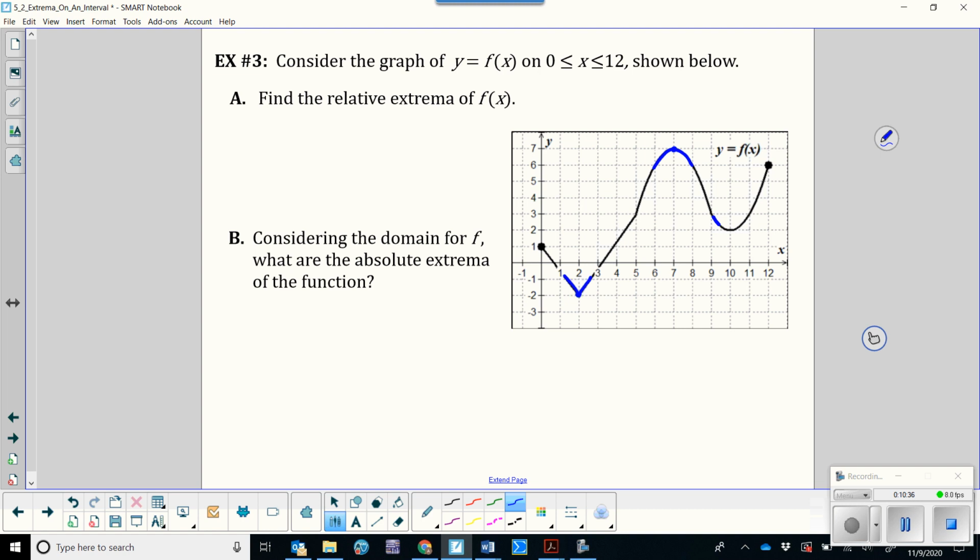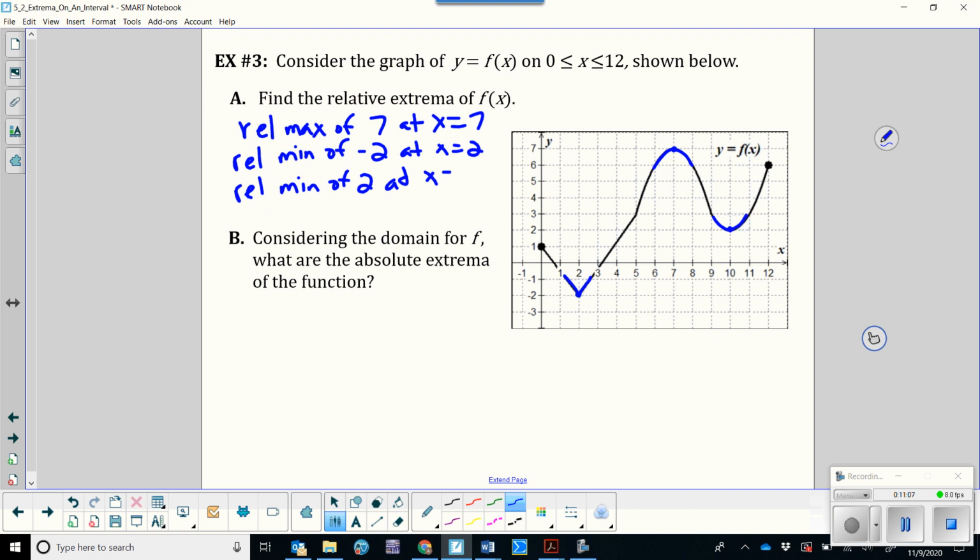And here we change from decreasing to increasing, so there's another relative min. So we have a relative max of 7 at x equals 7, a relative min of -2, which is at x equals 2, and we have a relative min of 2 at x equals 10.